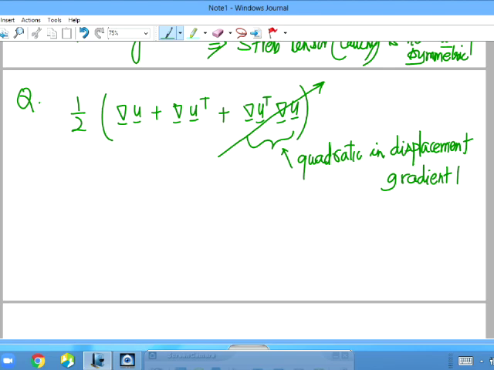What remains is called the small strain tensor or infinitesimal strain tensor. Whereas if we don't neglect anything and keep everything, even the quadratic terms, then we have what's called the finite strain tensor or Lagrangian strain tensor.